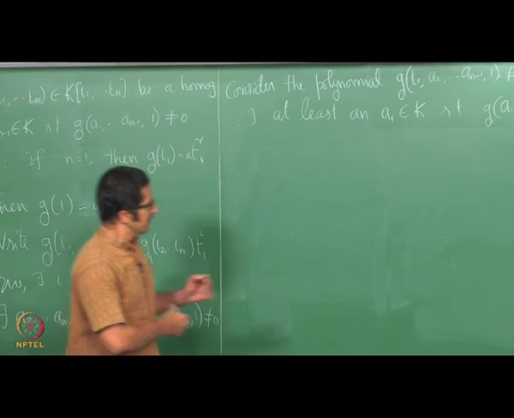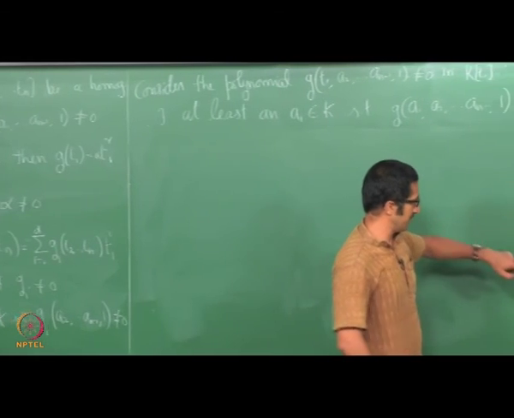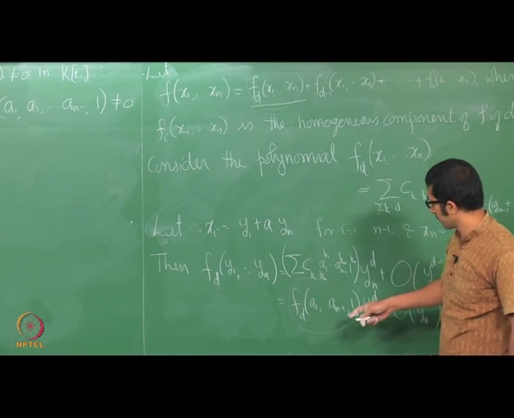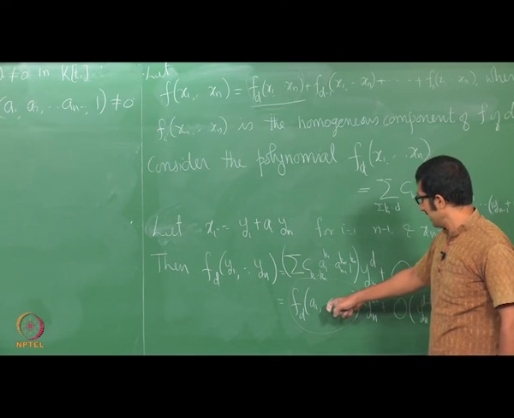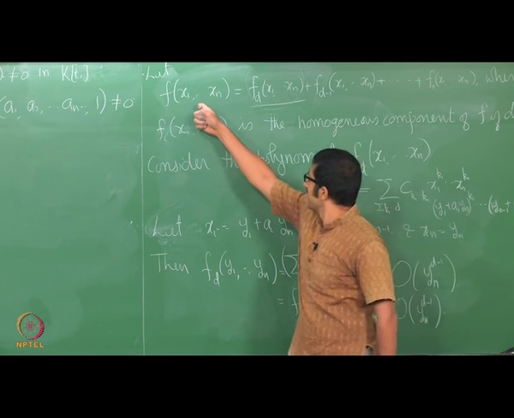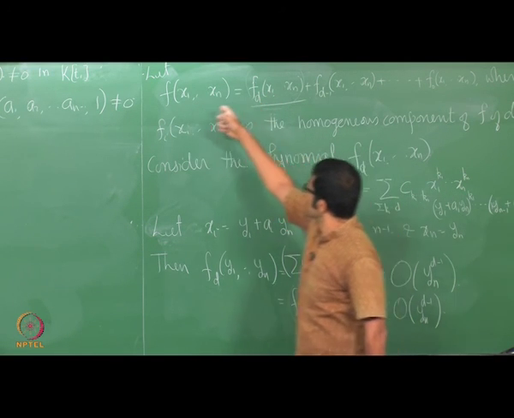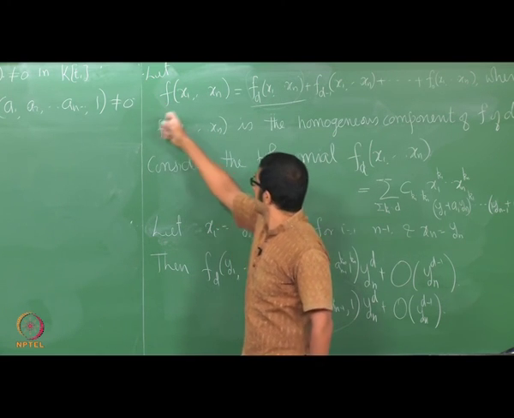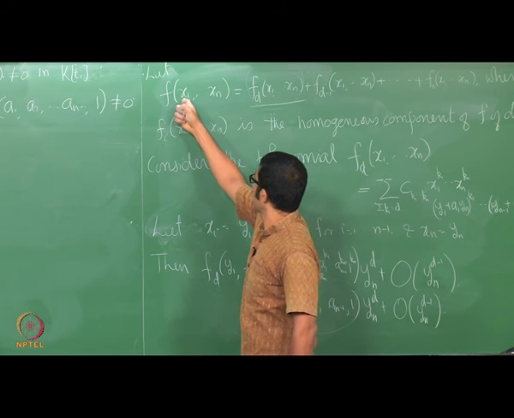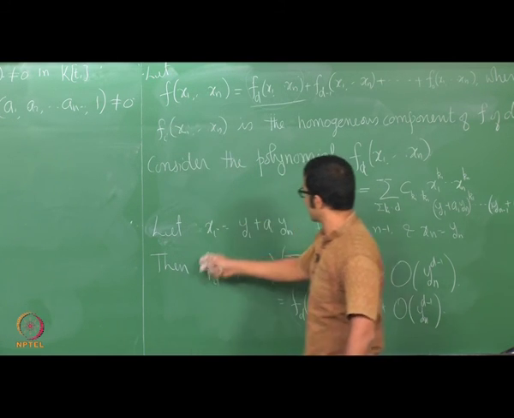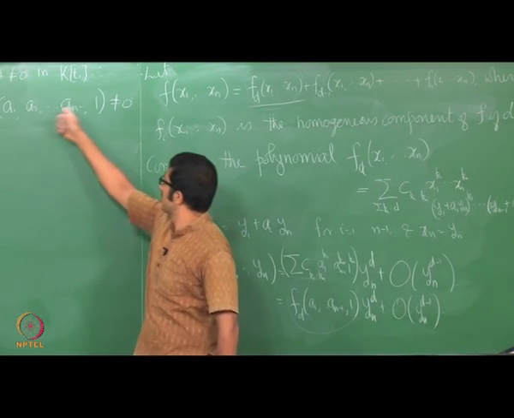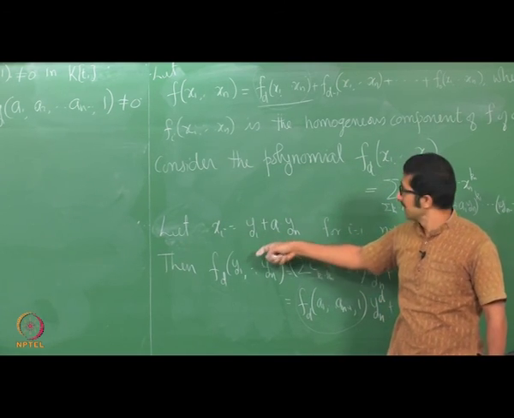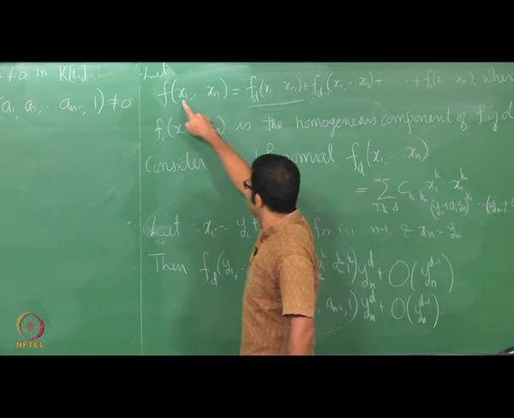Okay. So, once we obtain this, let's go back. I take this f, this is 0. Now, if I substitute, I just take this a1 up to an minus 1 and put x_i equal to this.